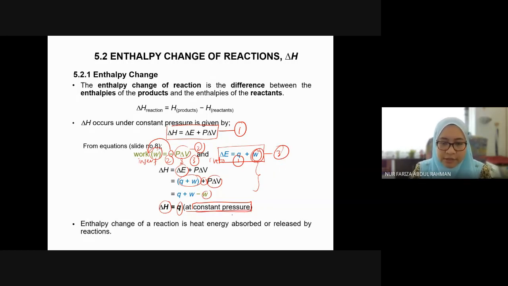If it's constant pressure and there is no work done, that means the delta H is equal to the heat content of the system. So we can conclude that the enthalpy change of reaction is equal to the heat or energy absorbed or released by the reaction.